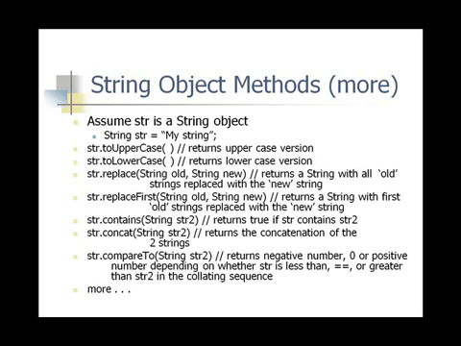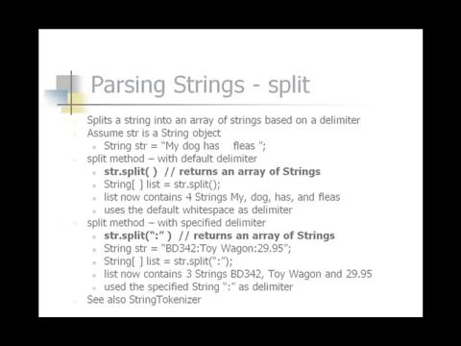So when you compare two strings, str compared to string2, for example, we can return a negative, a 0, or a positive number depending on whether it's less than, equal to, or greater than the other string. In any event, there's lots more in the API, so take a look at them.